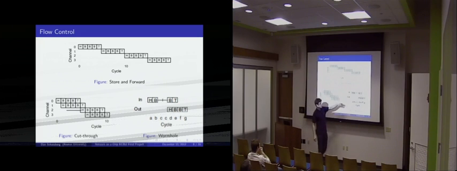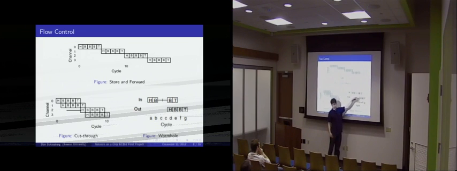And then you have wormhole routing. The idea here is that instead of sending an entire packet at a time and doing flow control based on packets, I'm going to do flow control purely based on flits. Here I show on my input, I receive the head and the body, and there's not enough room for me to send downstream immediately. I don't have enough space for the whole packet, so that gets queued up behind. All the other routers behind will have to queue up the rest of the packet.